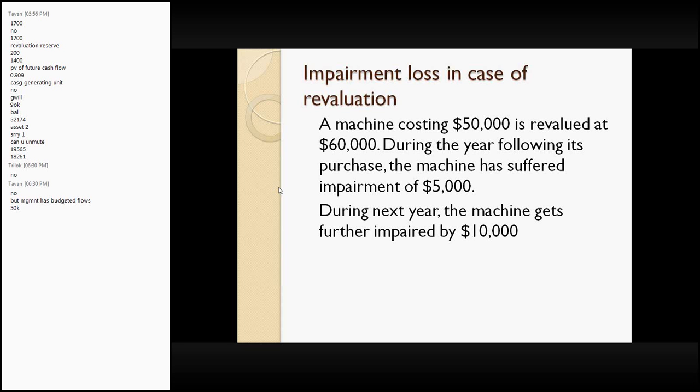So if the machine suffers impairment, where will I charge this amount of 5,000? Against the revaluation reserve. If I have a revaluation surplus, I will not charge the impairment loss to the profit and loss account. I'll first charge it to any revaluation reserve related to the asset, if I have any. Then the further impairment of 10,000. Now how much does my revaluation reserve have? 5,000.